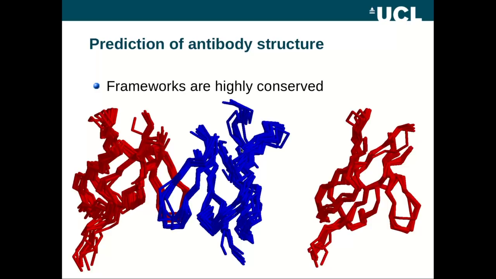But if we look in more detail just at the heavy chains, which are shown on the left here, so this is heavy chain on the left and the light chain on the right, and I've tried to fit both together. But if I just look at the heavy chains, this is the same set of heavy chains, and you can see this in the picture on the right, that now they're clustered much more tightly.